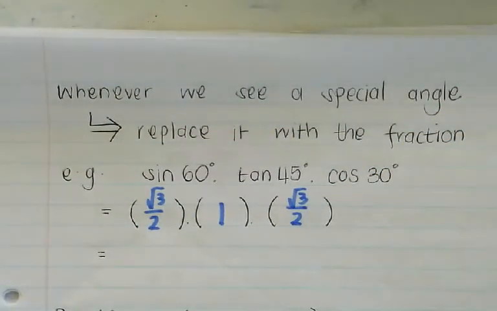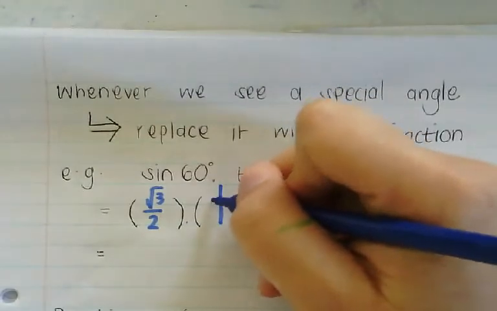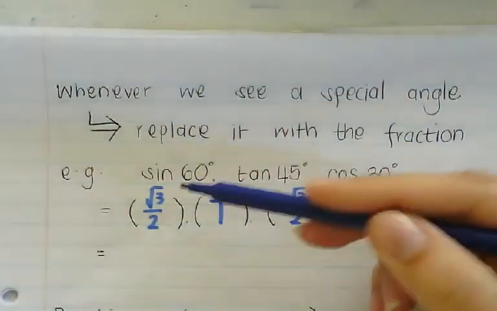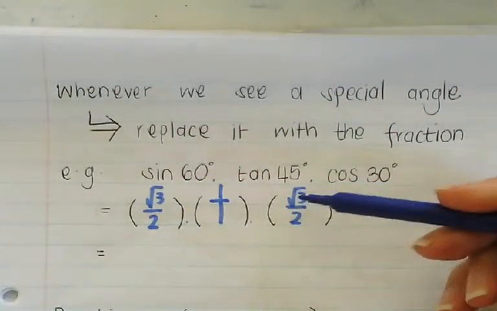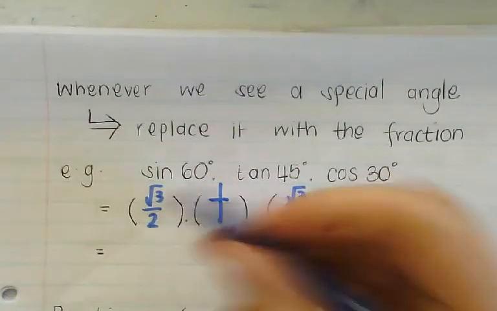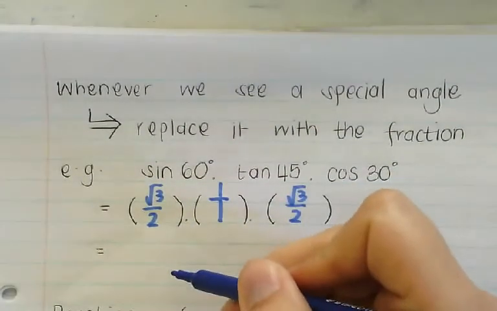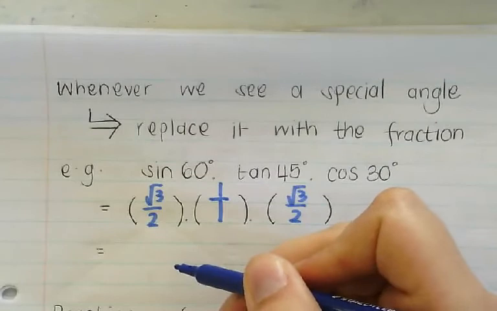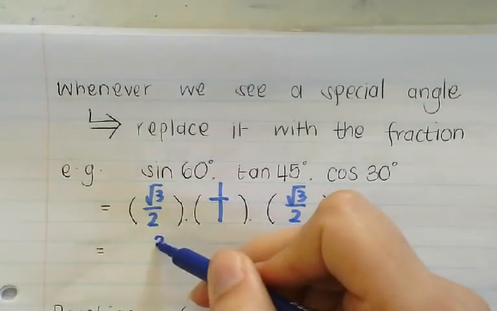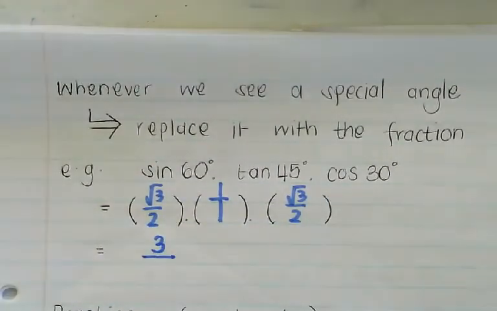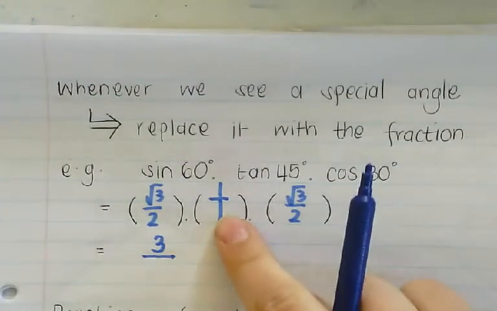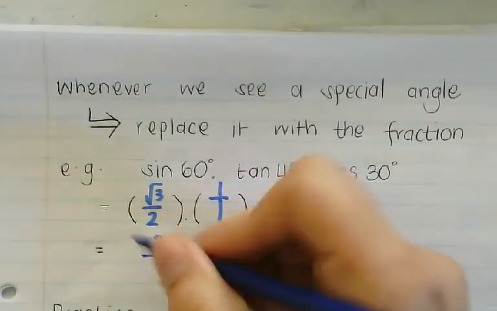And I'm just multiplying with normal numbers. Top with top, bottom with bottom. I'm just making that a fraction so that I know square root of 3 times 1 is square root of 3. Square root of 3 times square root of 3 is square root of 3 squared, just cancels the square, is 3. 2 times 1 is 2 times 2 is 4.